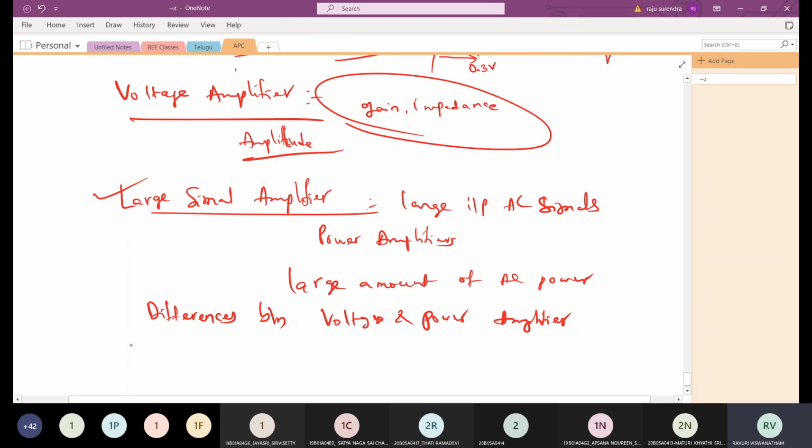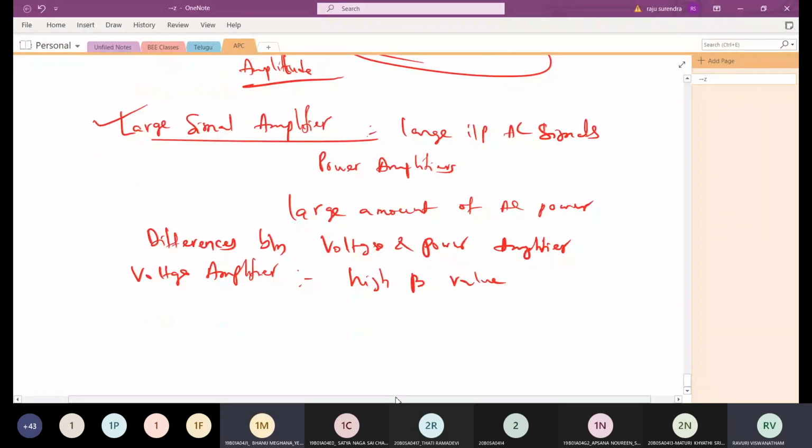Voltage amplifiers require a high beta value, the input resistance should be less than the collector load resistance, and the collector current is small.